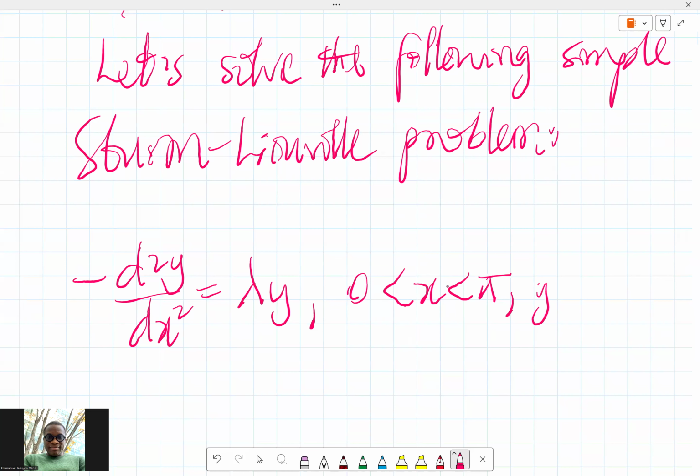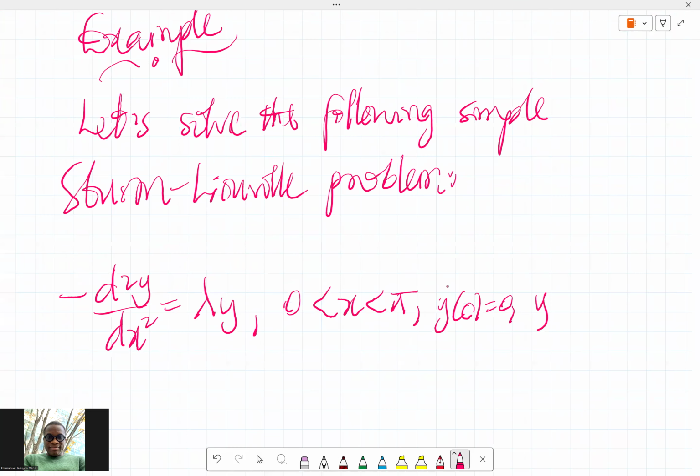And then we have y of 0 equals 0 and y of pi equals 0 also. I think it bears close resemblance with what we did when we were talking about the shooting method.